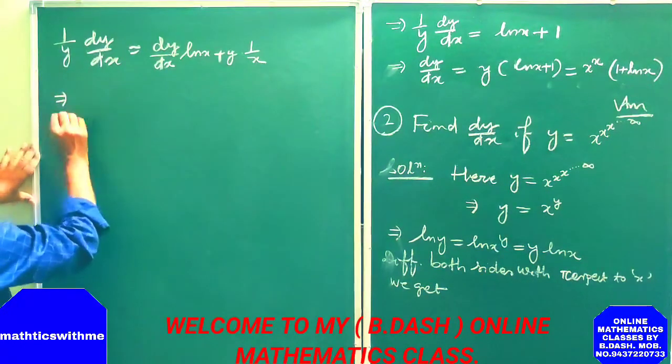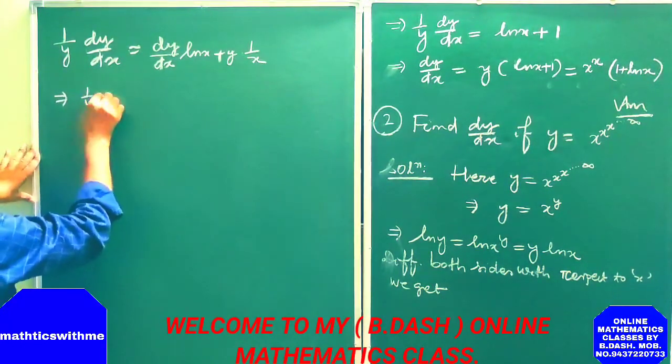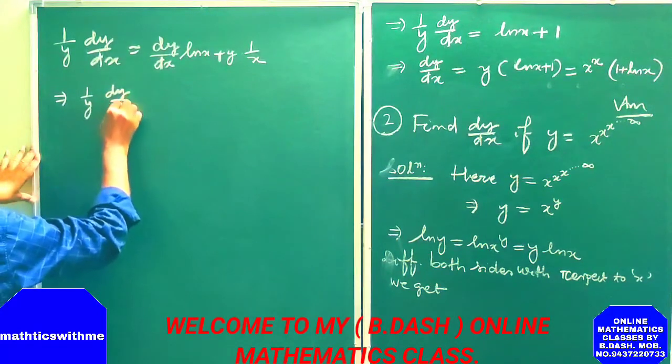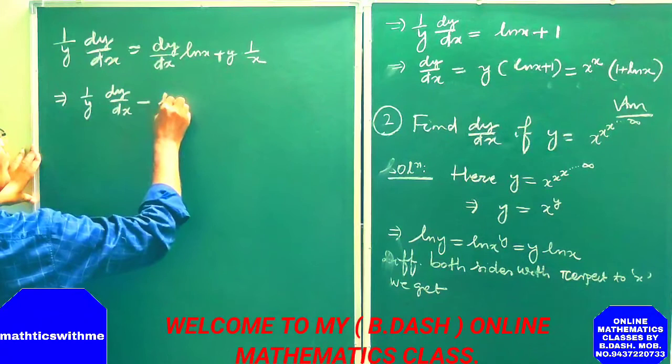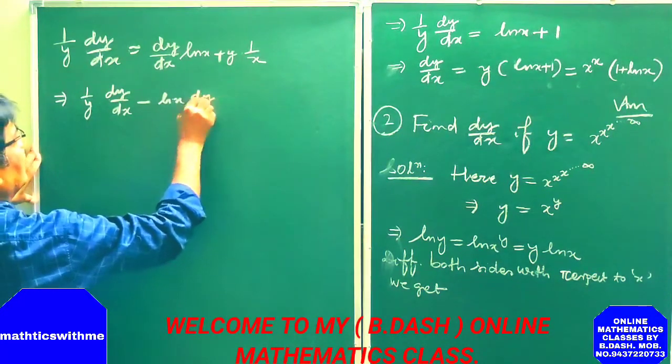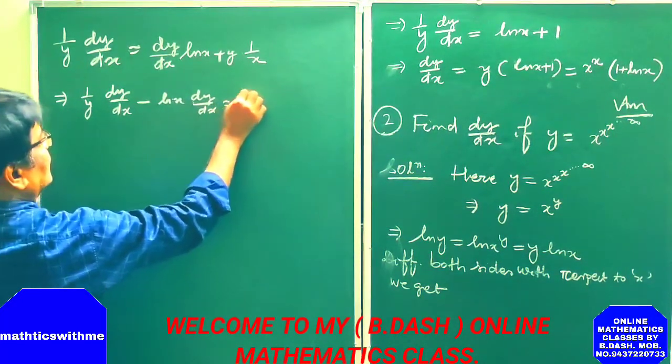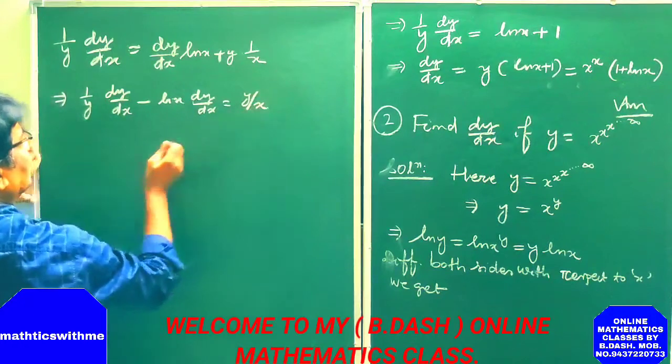So this implies 1 by y dy by dx minus ln x dy by dx is equal to y by x.